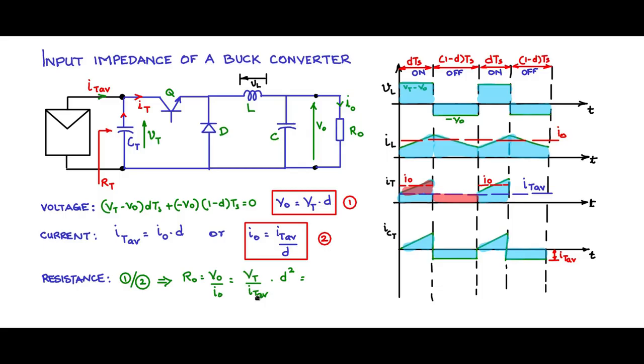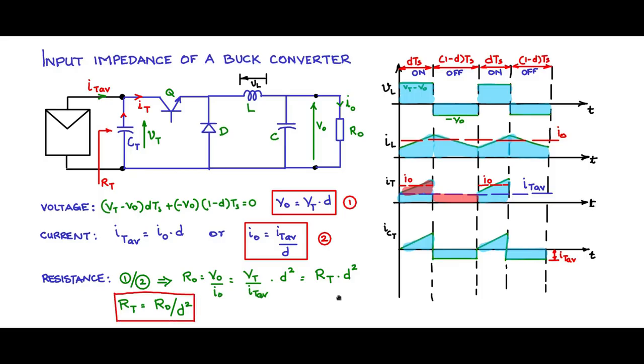We know VT by IT average, the voltage across the terminal divided by the continuous current that is flowing through the terminal, which is IT average, is the input impedance RT as seen from the PV panel. So that is RT into D square. So rewriting, you can write RT is equal to R naught by D square.